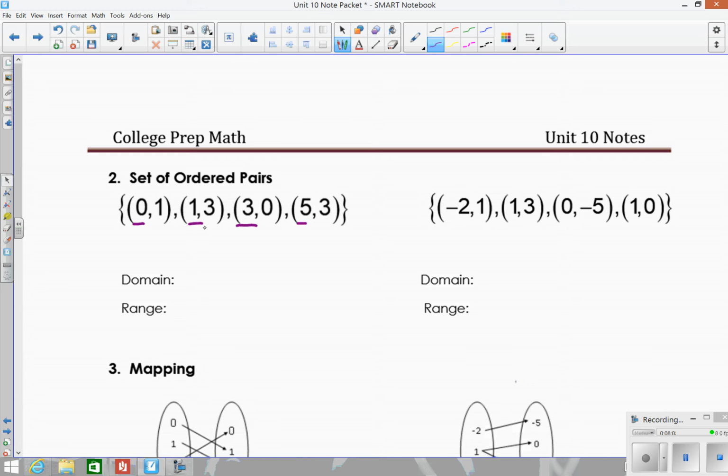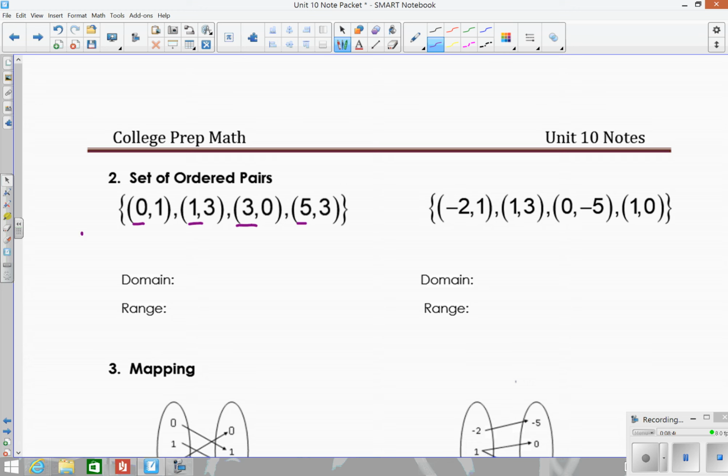Here, all of my x values are different, so it doesn't even matter what the y values are, because since I start with 4 different x values, that means that each input only has one output because there's only one of every input. So 0 is only going to go to one thing because there's only one x value of 0. 1's only going to go to one thing because there's no other x value with 1. So yes, this is a function because each of these inputs is only going to one output.